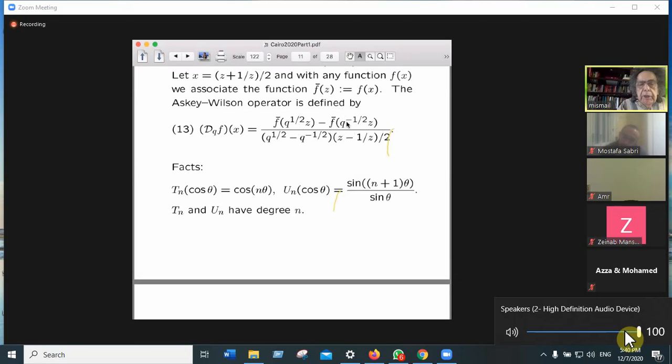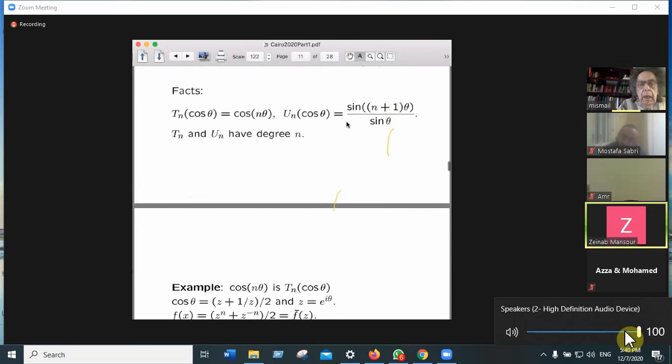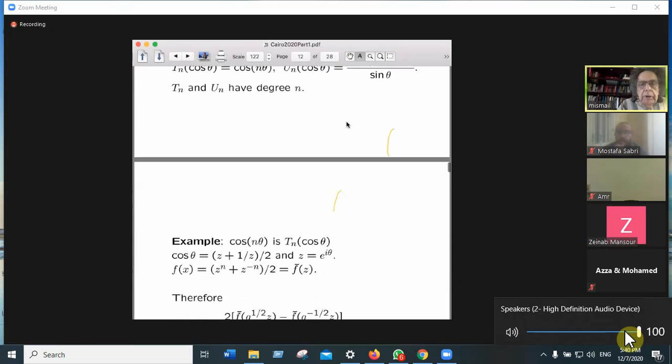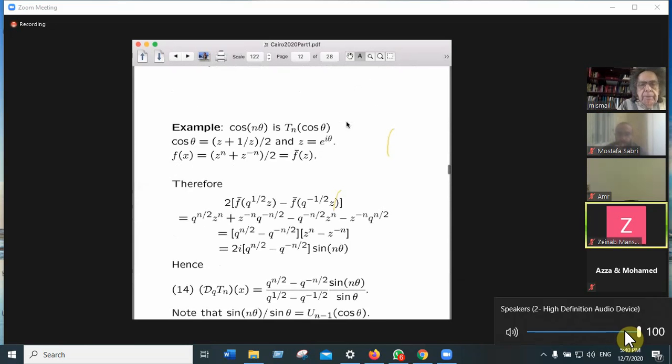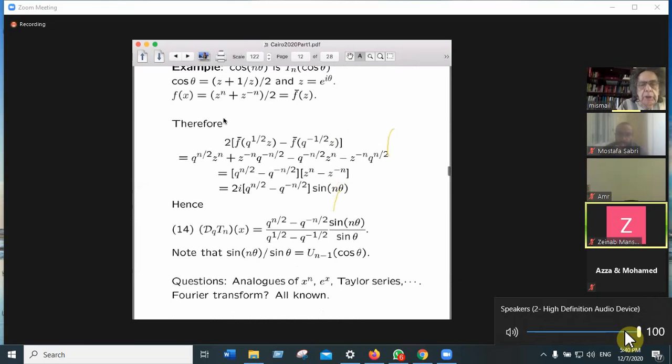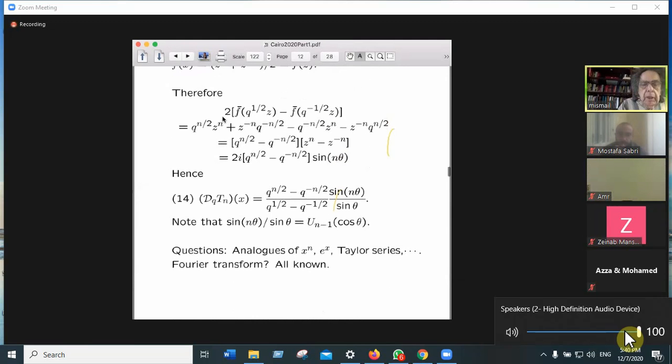That's much bigger. So you have to be careful when to use this, because if the Askey-Wilson operator acting on a function is 0, it's not a constant. There are integral representations. There are all kinds of things that can be developed for the Askey-Wilson operator.